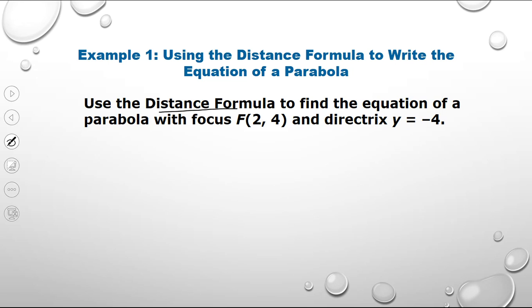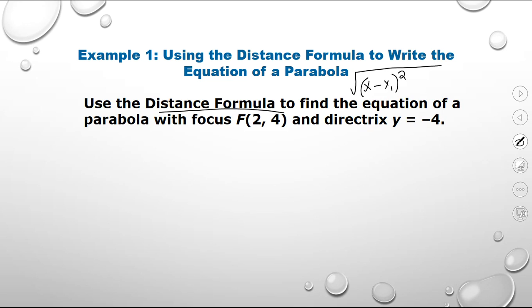We're going to be using the distance formula. Now, the distance formula, if you don't remember, it'll be on the slide in a second, but it's the square root of x minus x1 squared plus y minus y1 squared. So if we know where the focus is, which the equation tells us here, it's at 2, 4. It says F(2, 4).